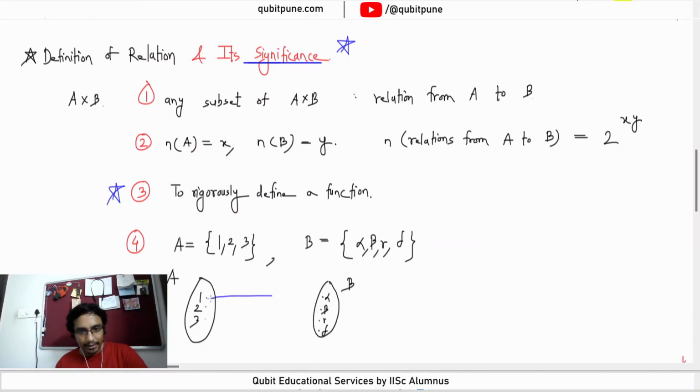So let me connect 1 to alpha, 2 to alpha, and it's not necessary that in a relation I should connect 3 with everything else, or even I can connect 1 with multiple elements.